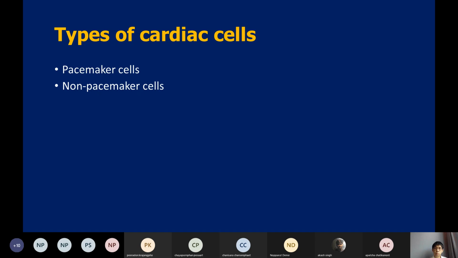This is the most common type of cell in the heart, consisting of the cells located in the atrium and ventricle. A lot of the mechanisms of arrhythmia and antiarrhythmic drugs concern these non-pacemaker cells more commonly than the pacemaker cells.